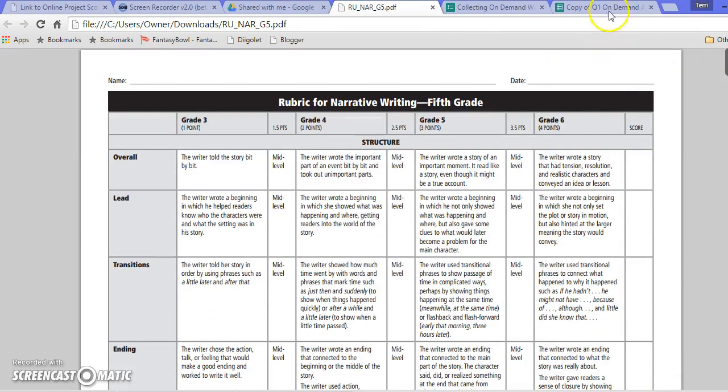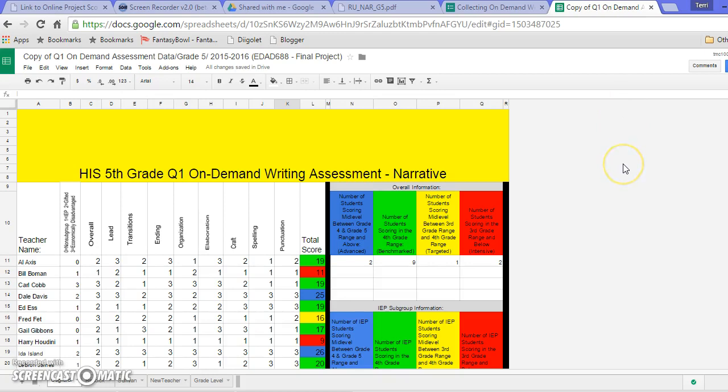But what I've devised is a spreadsheet for them to enter all of those scores, and then this spreadsheet will calculate their total score, and will automatically put the students into groups. So if they scored at a 3rd grade level or below, they are considered to be in an intensive range.